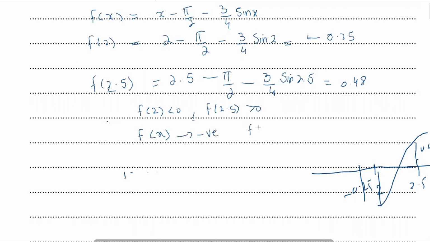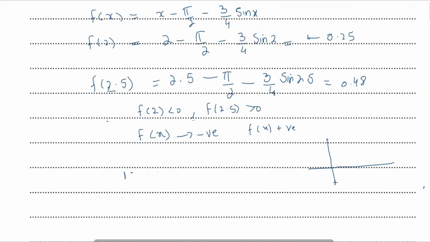This is the negative and this point f of x is positive. Now you can form the curve here, this is 2 and that is 2.5, with value minus 0.25 at 2 and suppose this value is 0.48 at 2.5.